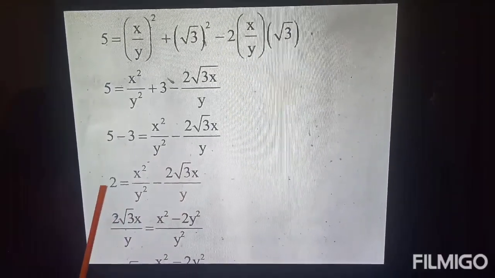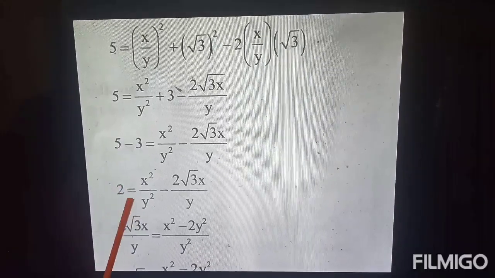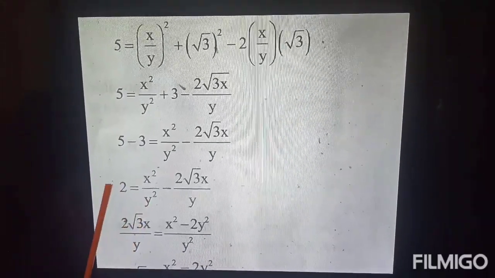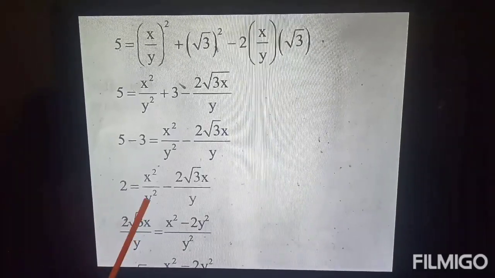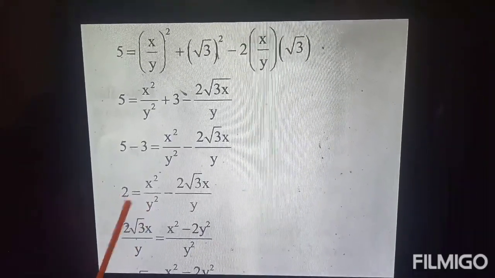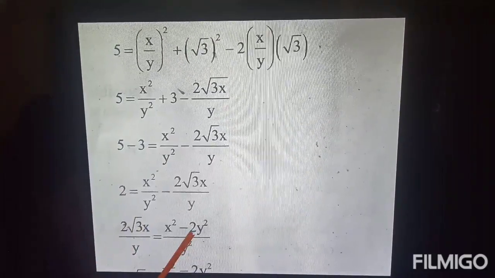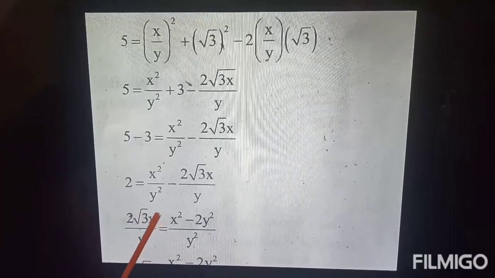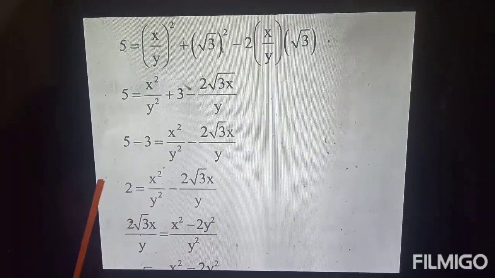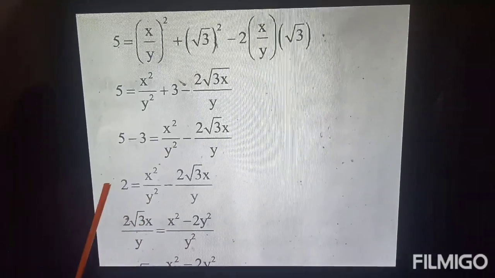Then this 2y square transfers to the right side. It becomes 2y square minus 2y square. x square will be as it is. First transferring this side, it becomes 2y square.